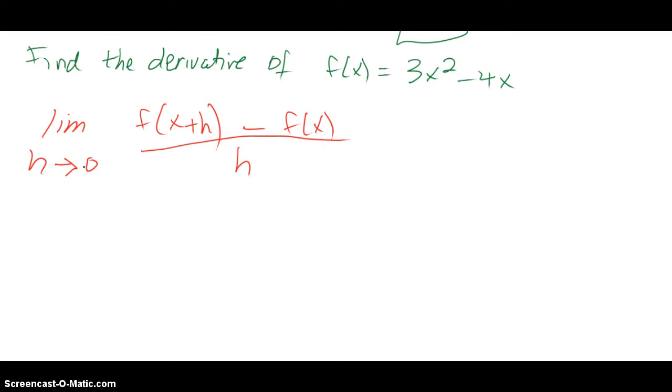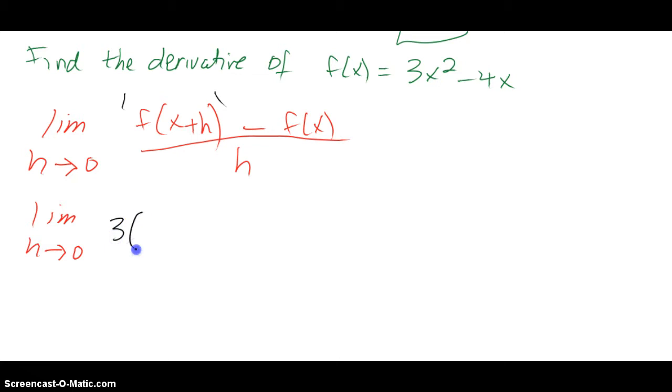So let's just do that. Let's say, okay, that's the limit as h goes to 0, and I'm going to start with this part right here. Let me just change colour so you can see. I'm going to come up to my function, which is this right here, and I'm going to write that exact function, except every time I see x, I'm going to plug in x plus h.